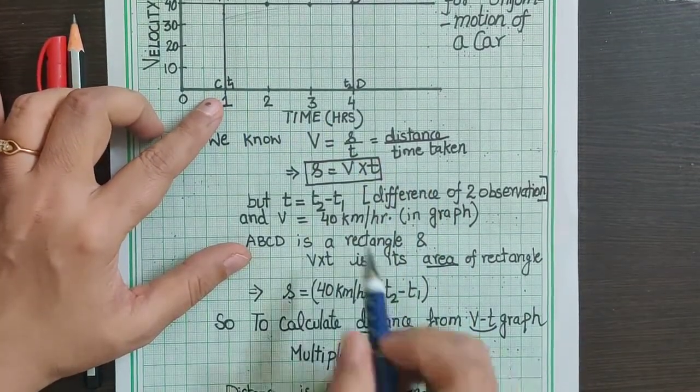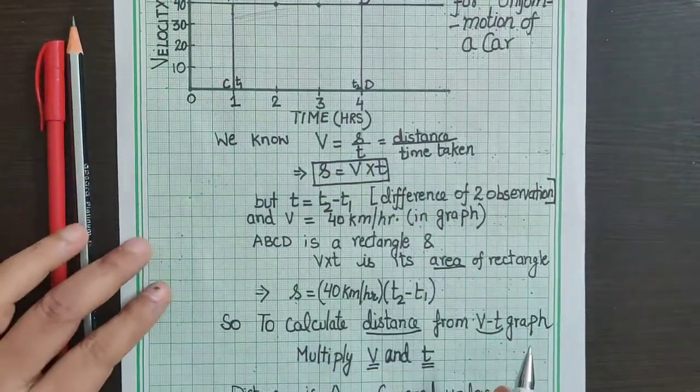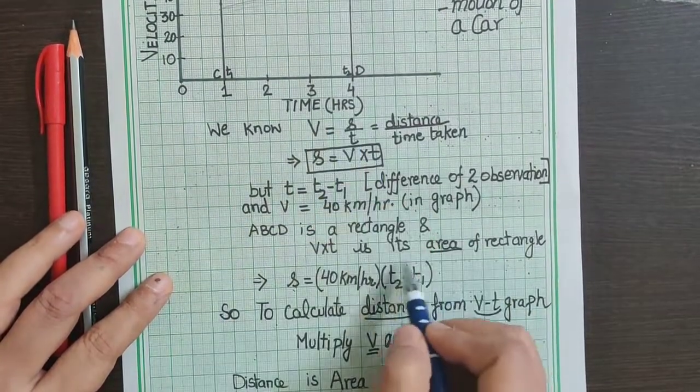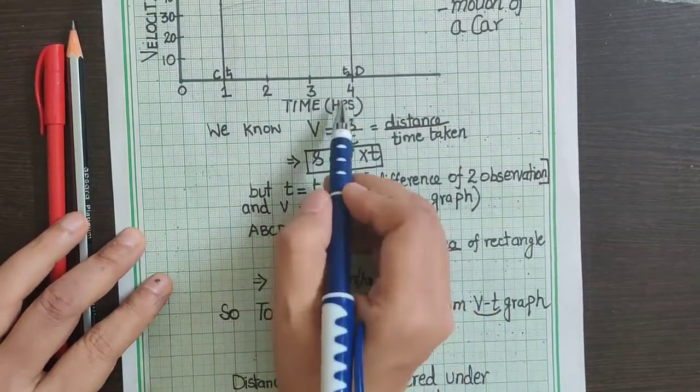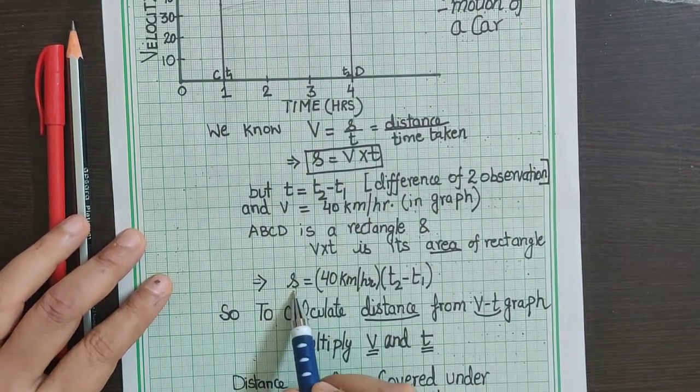In this observation it is 4 minus 1, but in any other observation, whatever is the reading, you just put it here and you will get the answer for distance or displacement.